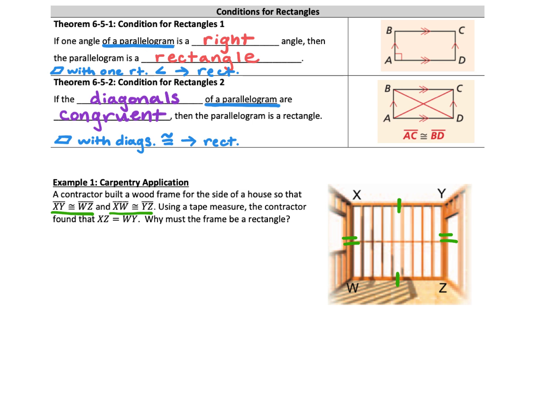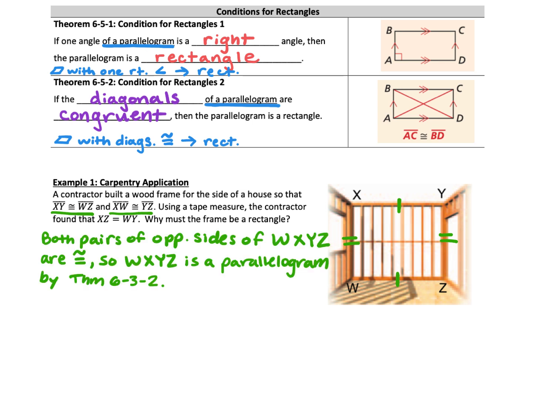So that information right there, we have both pairs of opposite sides of the figure congruent, so we know that it has to be a parallelogram from what we learned back in section 6.3. Here I summarized what I wrote. As both pairs of opposite sides of WXYZ are congruent, WXYZ is a parallelogram by theorem 6-3-2. We know that if a quadrilateral has two pairs of opposite sides that are congruent, it must be a parallelogram.